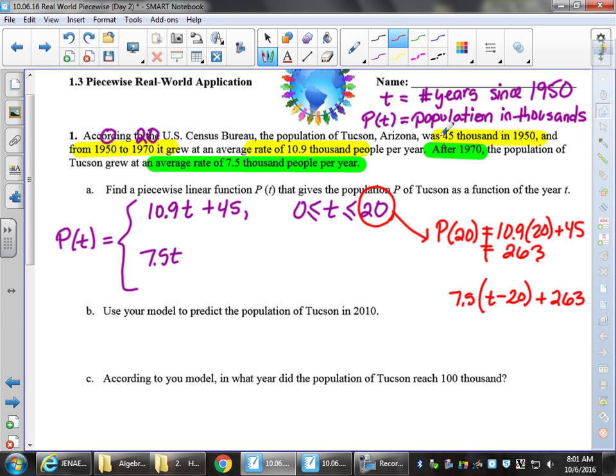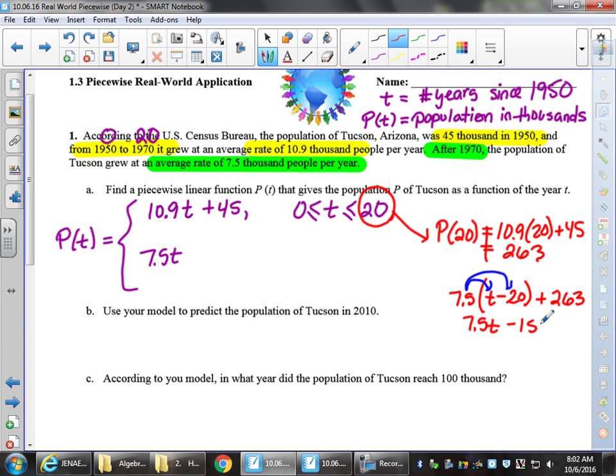So let's distribute 7.5. So I'm going to get 7.5t. And then what's 7.5 times negative 20? Negative 12.5? Do you agree with that? That's what I'm asking. So I'm getting crazy answers. Okay, negative 150.